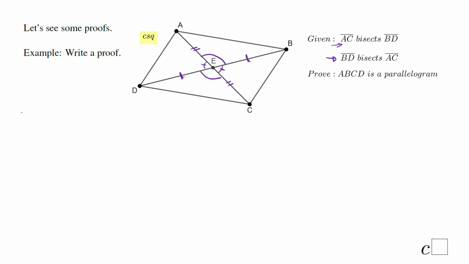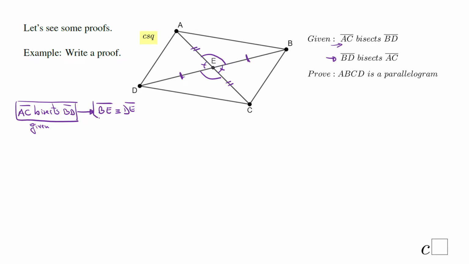So let's start, and I'm gonna do a flow chart here. So we have AC bisects segment BD. Okay, so what's the reason for this? You see I put a box here, it's given. Based on this statement, I can draw an arrow and put my very next statement, which says BE congruent with DE.